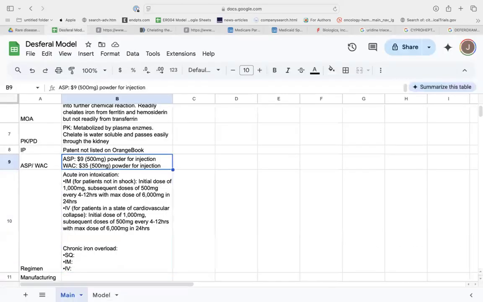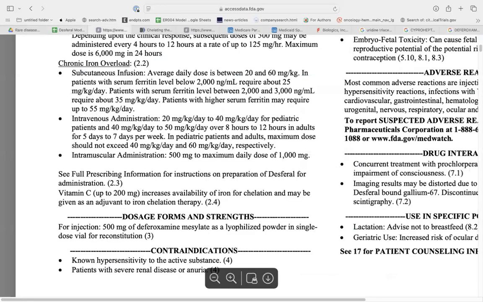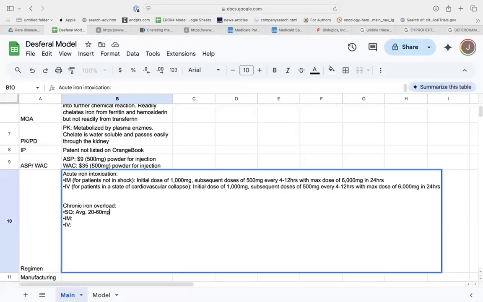So here I'm just going to say average daily, average 20 to 60 mg per kg.